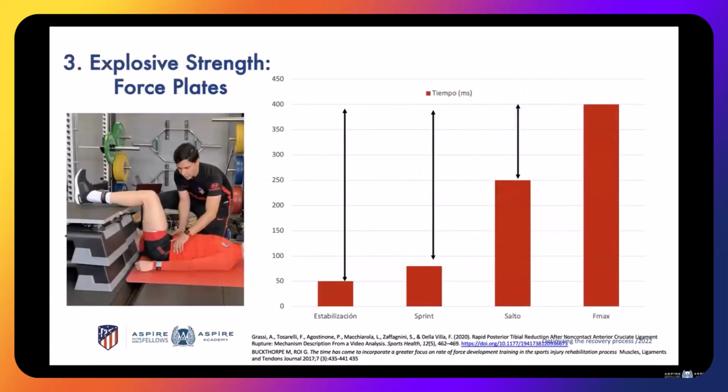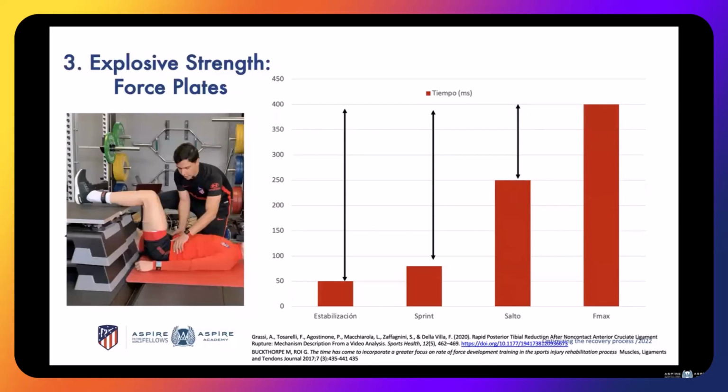But the problem of maximal isometric force is that it can take around 400 milliseconds up to 3-5 seconds to reach it. And usually in sport, and more specifically in football, the way that we apply force is much quicker, so we have less time to produce force.